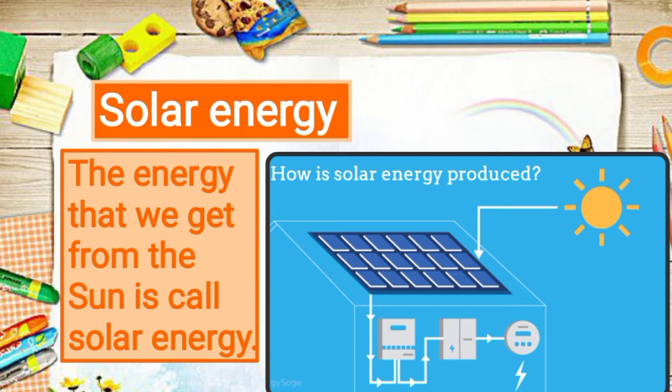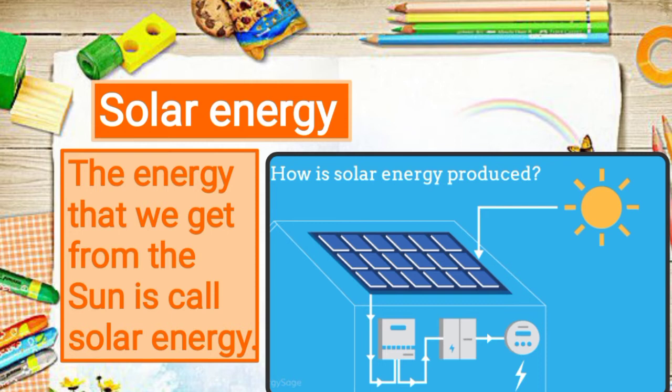Thus we can say that all living things, plants, animals and human beings depend on solar energy directly or indirectly for their energy needs. The main source of all energy on earth is the sun. The energy that we get from the sun is called solar energy.